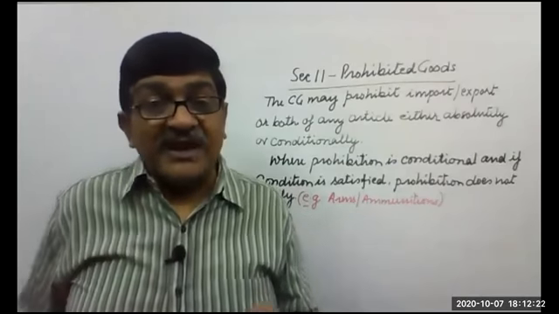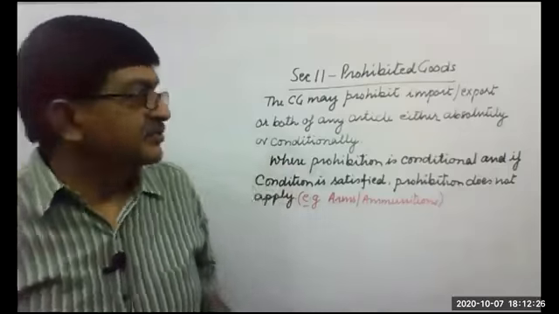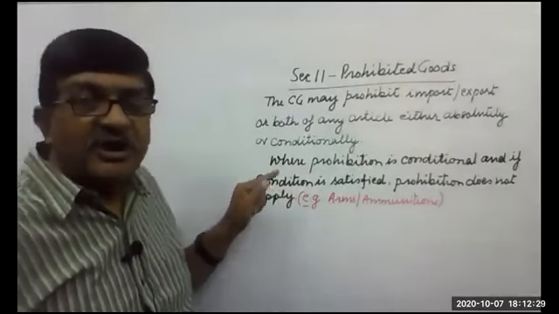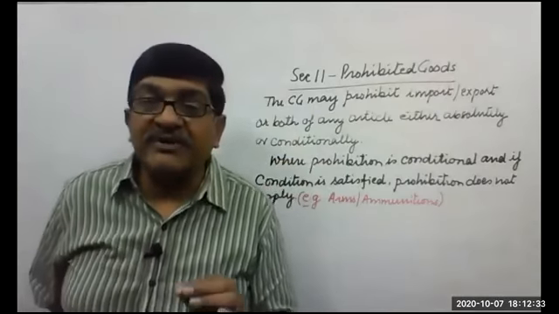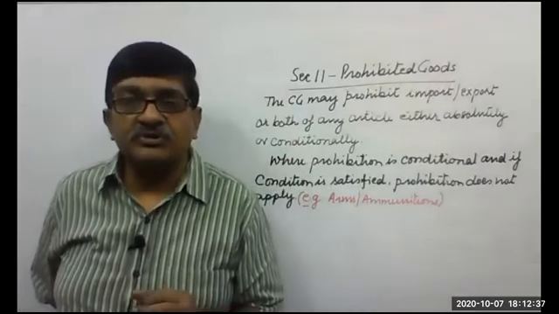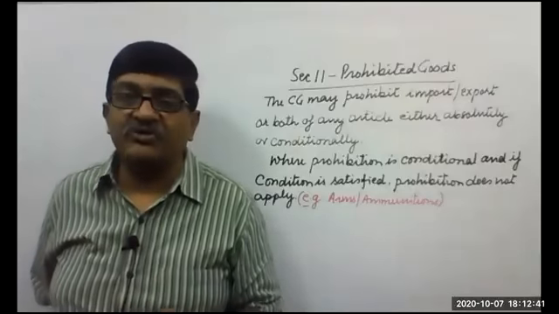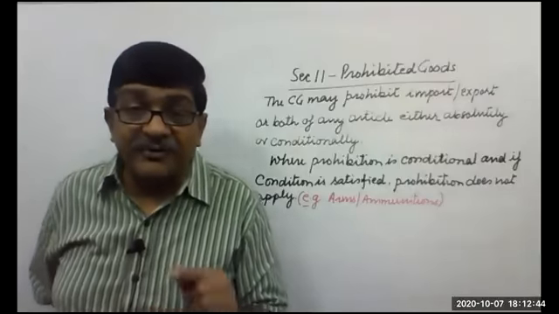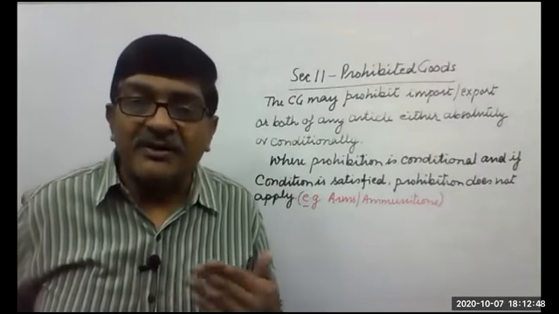So once he has the license, he is authorized to procure those things, otherwise cannot. So that is the meaning of conditional prohibition. Under this section, the government has authority to prohibit import or export, or both, either conditionally or unconditionally. And further, if it is conditional and the condition is satisfied, prohibition does not apply.